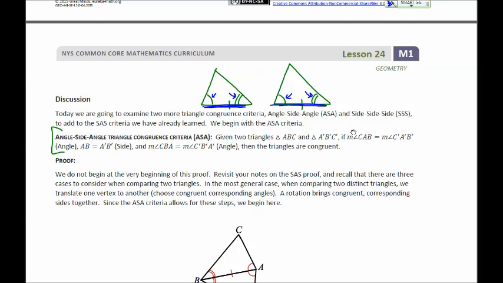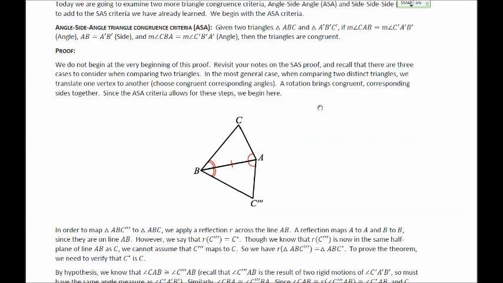And the proof of that, now they don't start at the very beginning of the proof, they kind of build on what they did previously for side-angle-side, using a set of transformations. They first would use a translation to translate them next to each other, and then rotate them. And once you rotate them, you would have this picture right here.